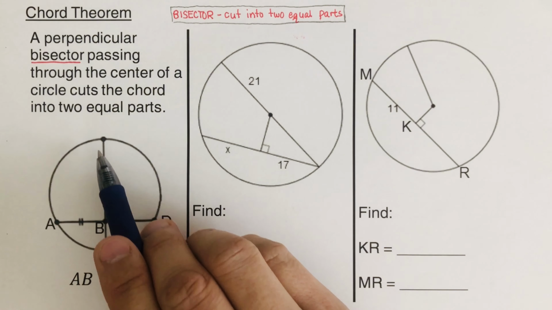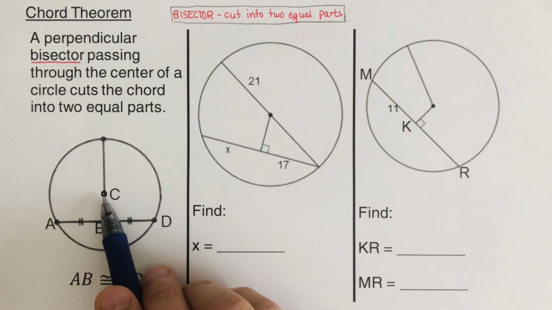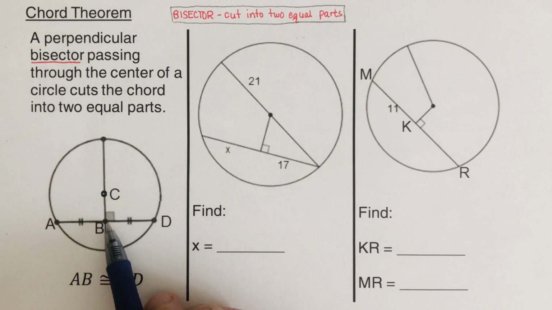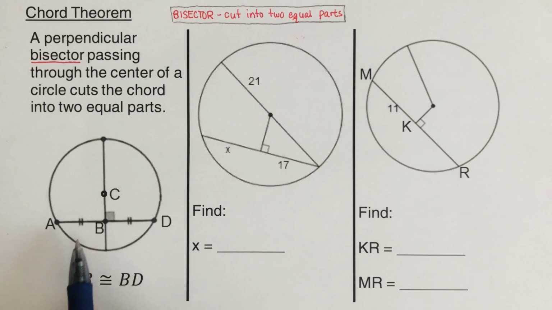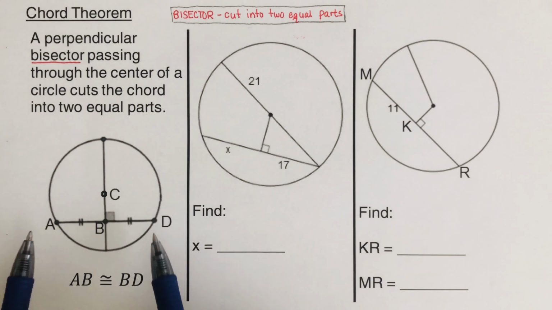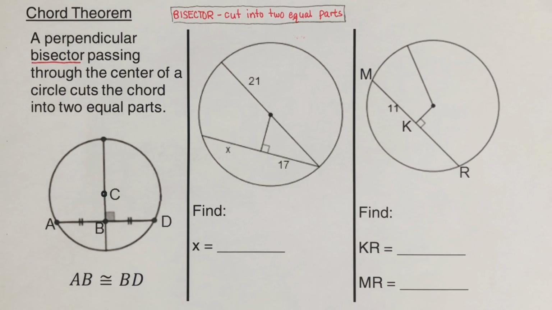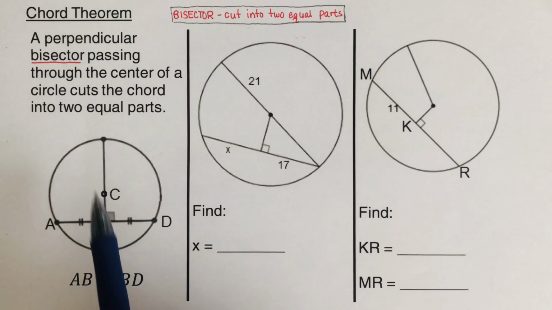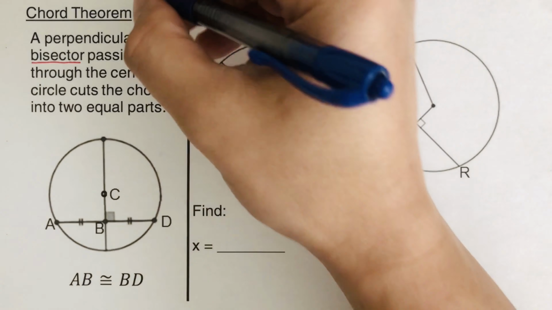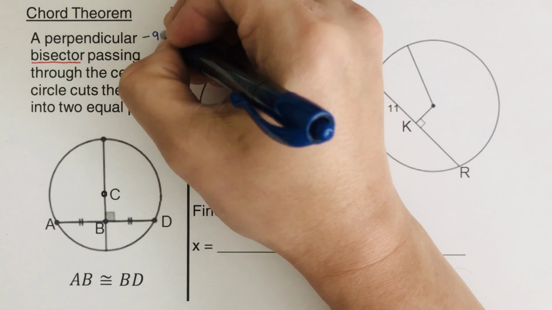So if a chord passes through the center, and point C right here is the center, it cuts this chord. Our chord right here is AD. One way that we know that it is a perpendicular bisector is that it has this small square in here. It's telling us that it's perpendicular, that it measures 90 degrees.